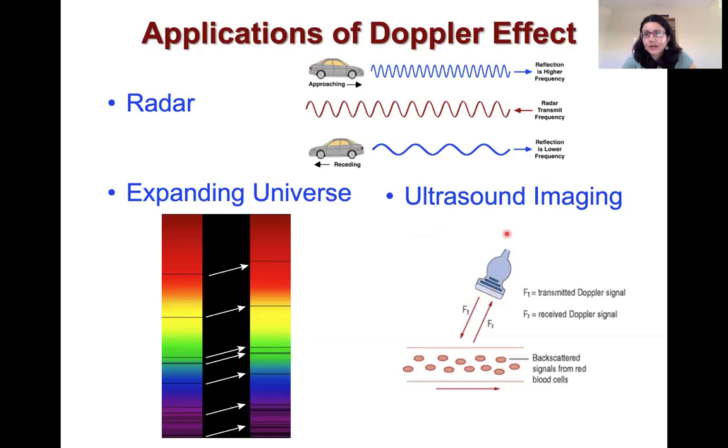So ultrasound is sound waves. Then they bounce from some, let's say, blood that's flowing, and depending on the speed of that blood flow, the reflected frequency is going to be different. So knowing the received Doppler frequency compared to the transmitted, we can figure out the speed of blood.